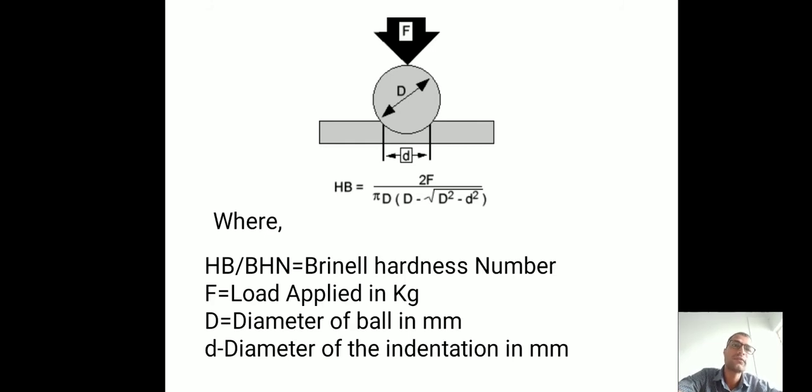Then capital D, what is capital D? Diameter of the ball of the indenter, in millimeter. Correct? What is small d? Diameter of the indentation in millimeter. Clear now?